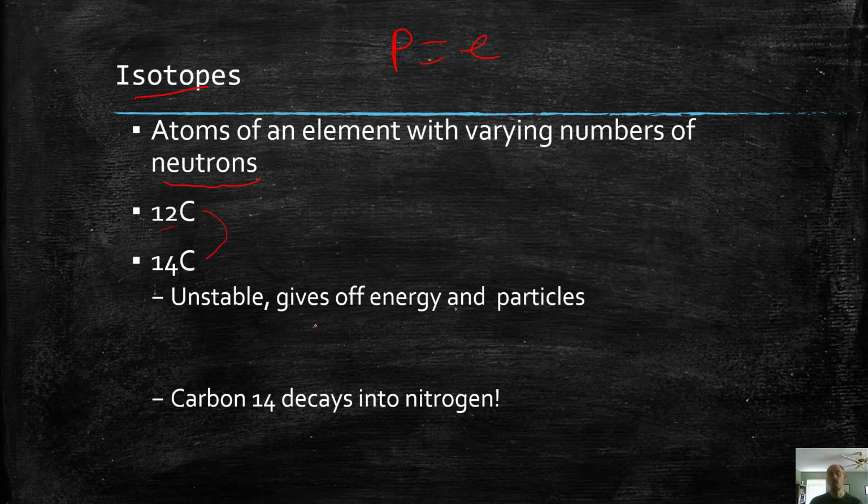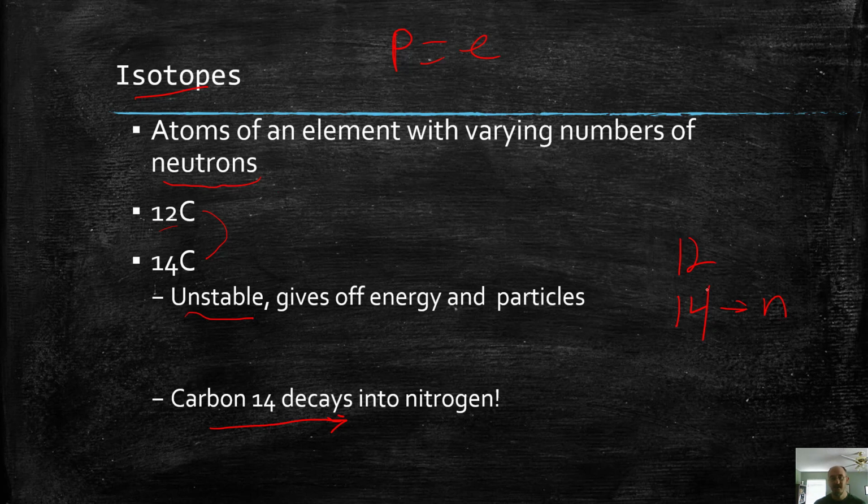So we get a 12 point something. But carbon-14 is somewhat common. I mean, it's around, but it's unstable. It throws off energy, and it throws off subatomic particles, and it decays over time, not into carbon-12, but into nitrogen. Now this is really cool though, because we know how much carbon-12 there is in the atmosphere and in the environment. We know how much carbon-14 there is in the environment, and it of course decays into nitrogen.